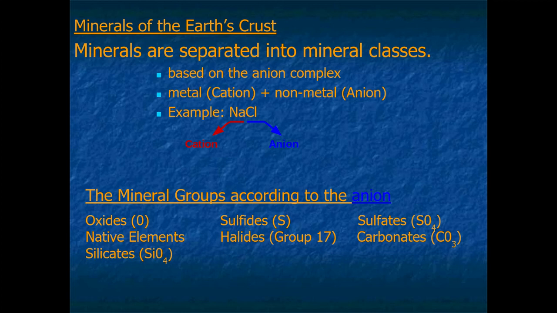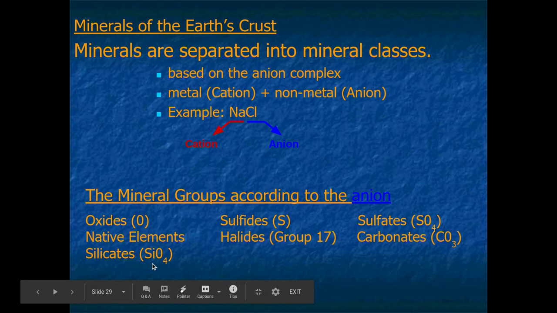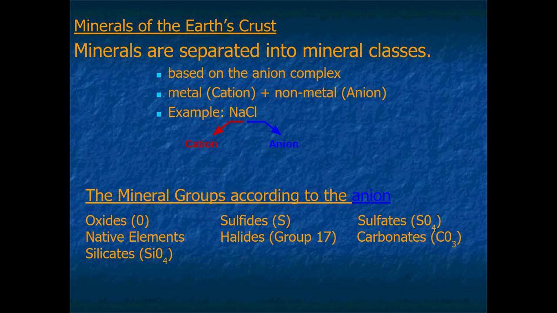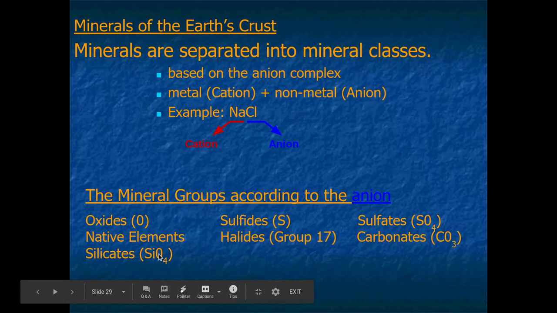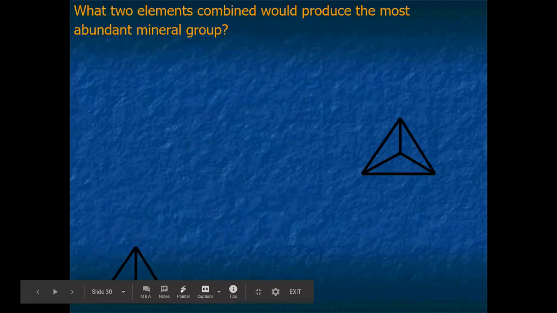Most students will say oxides because they see the oxygen right off the bat. In fact, the real answer is silicates. You'll see a silica and you'll see an oxygen. So we would say the silicate group by far is the most dominant mineral group on the Earth's surface because it has both silica and oxygen.